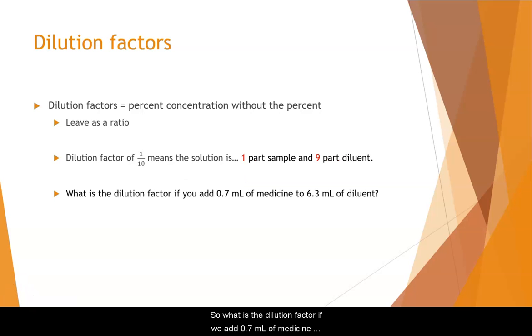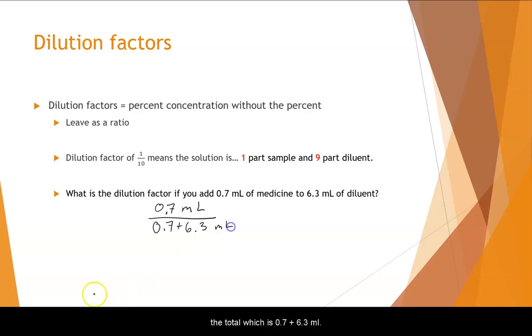So what is the dilution factor if we add 0.7 milliliters of medicine to 6.3 milliliters of diluent? So I have the medicine part, 0.7 milliliters, divided by the total, which is 0.7 plus 6.3 milliliters.